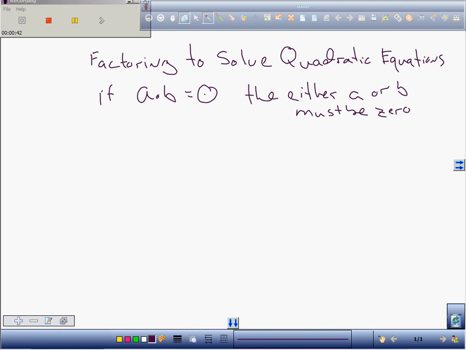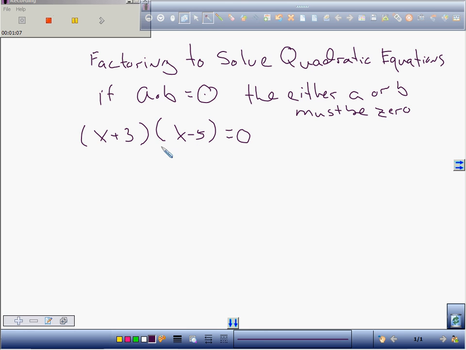Say, for example, I ended up, after I factored something, with x plus 3 times x minus 5 equals 0. What do I know about either this or this? One of these two things, or both of them, have to be equal to 0, right?